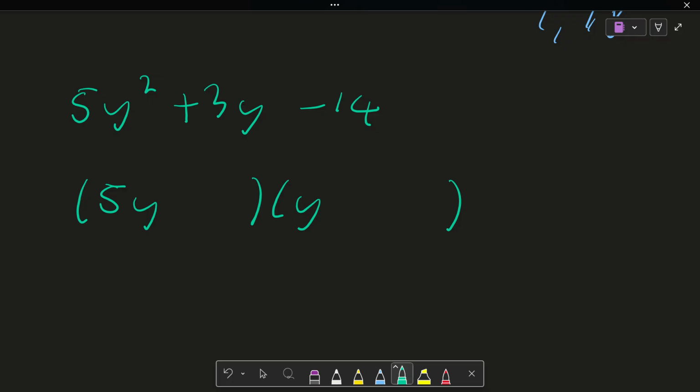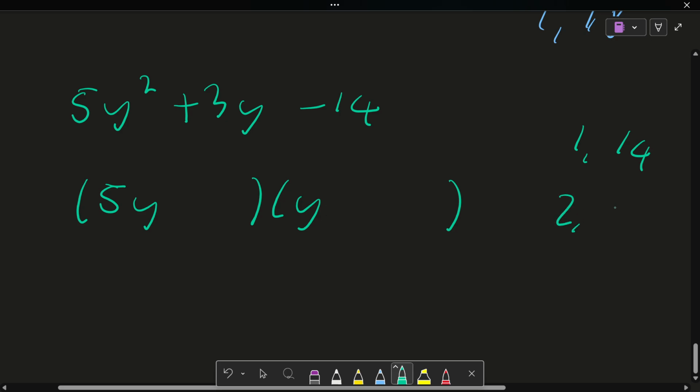Now what are the possibilities? 1, 14, 2 and 7. That's the only possibility. So now we must get numbers such that the multiplication must be negative 14, and the addition must be 3.